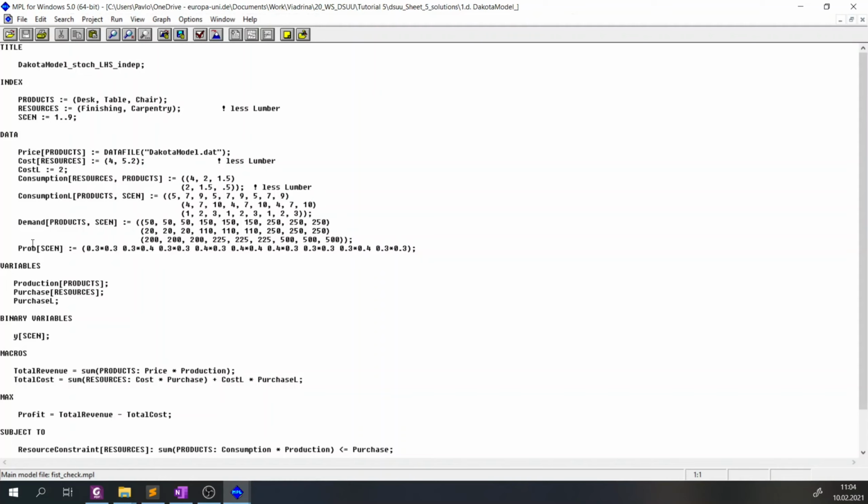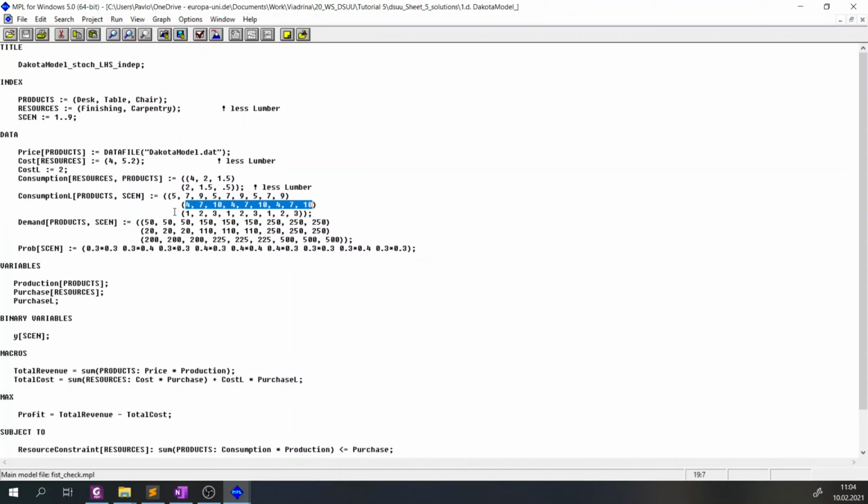So we see that consumption L, it's the new data vector. Actually, it's a multidimensional vector. It's consumption of the lumber. Now it has two indexes, for products and for every scenario. So product, these are rows, and scenario index, these are columns.